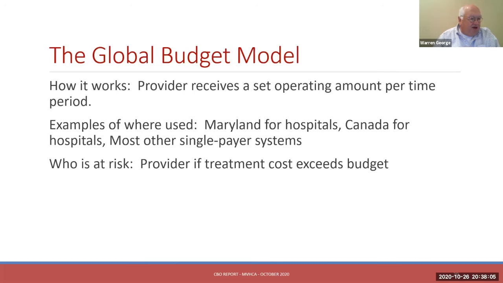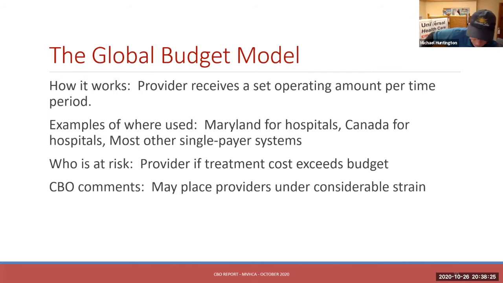Under the global budget model, the provider is at risk if treatment costs exceed the payment amount. Because the provider is at risk of not being able to provide care if circumstances change during the year, global budgets can sometimes be adjusted during the budget year.